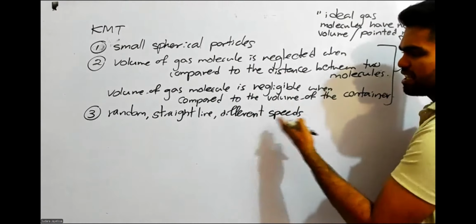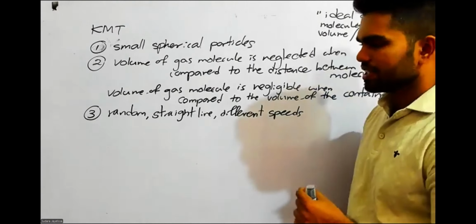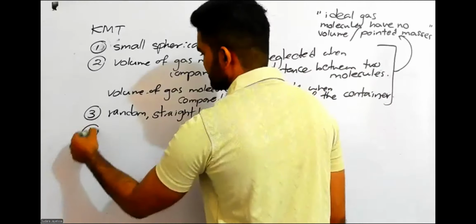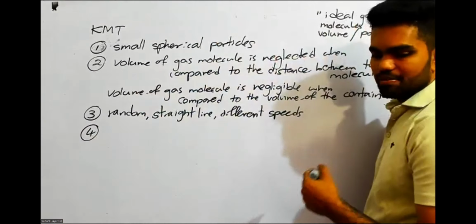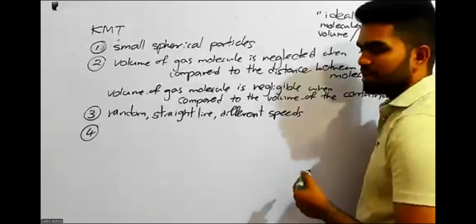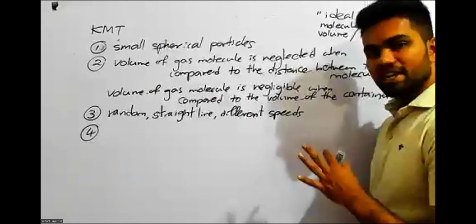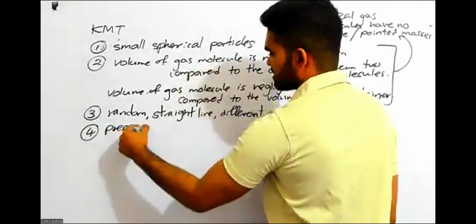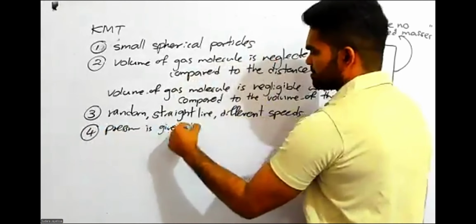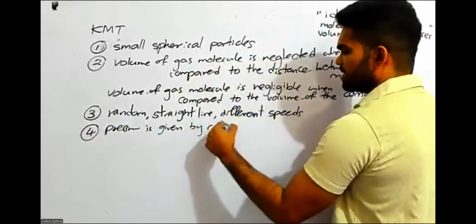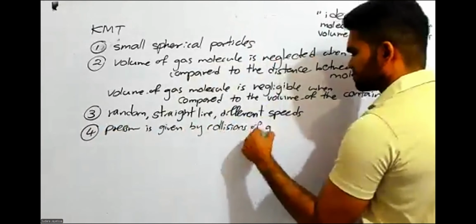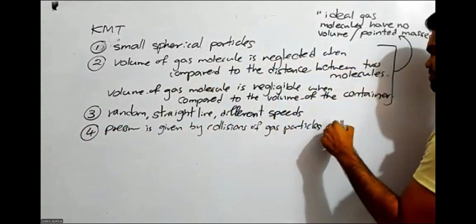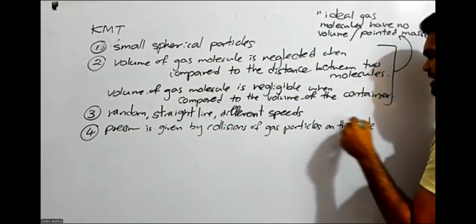It's basically telling about the movement of gas molecules. And the fourth one is about how they generate pressure. Pressure is given by collisions of the gas particles on the sides of the vessel, the sides of the container.